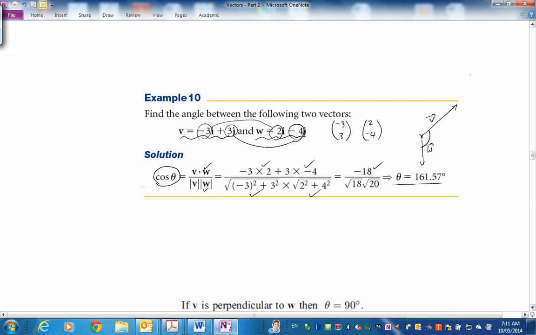This dot product gets the angle from the common point if you take the vectors going outwards. Okay, you can't actually have one going in and one going out. So if you want the angle between two vectors, you must get their form like this, going outwards from the point. You'll get that angle.